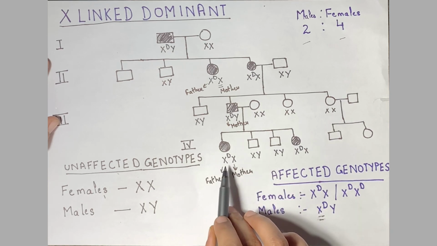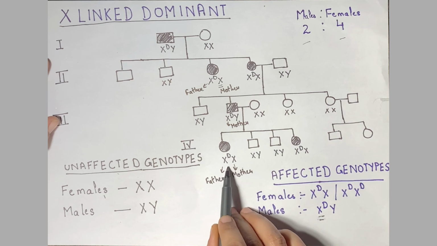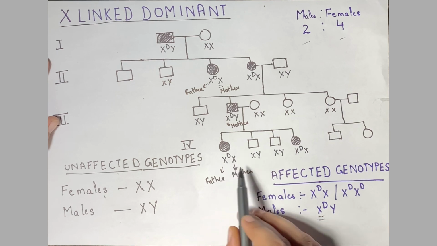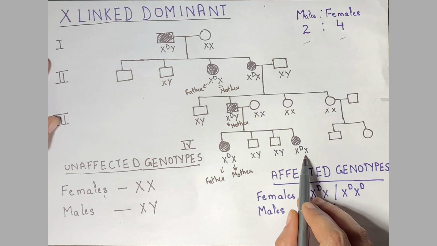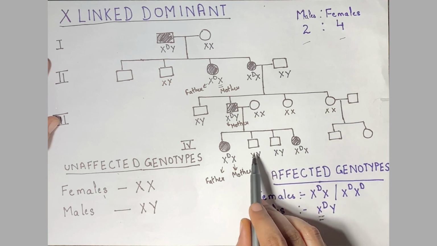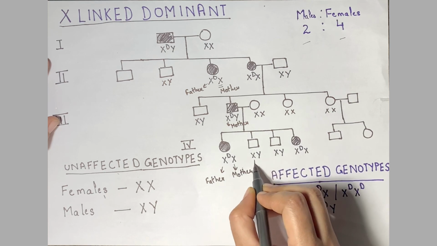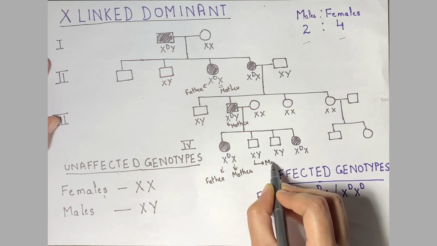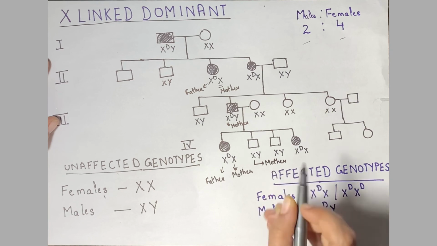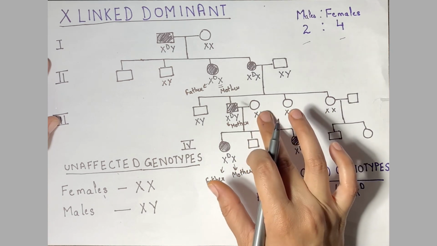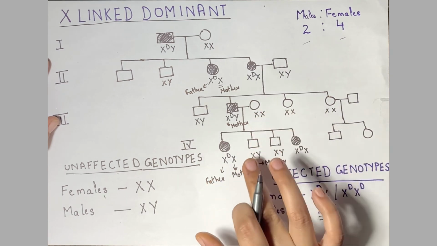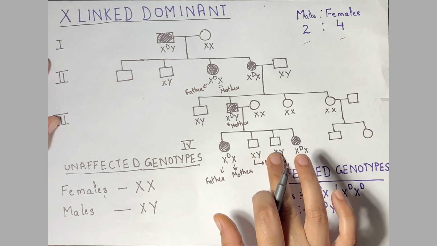So, a single copy of the gene is enough to cause the disease phenotype. Both the daughters are affected, while both the sons are unaffected because they inherited the X chromosome from the mother. The mother in this case is unaffected, so both the sons are unaffected.